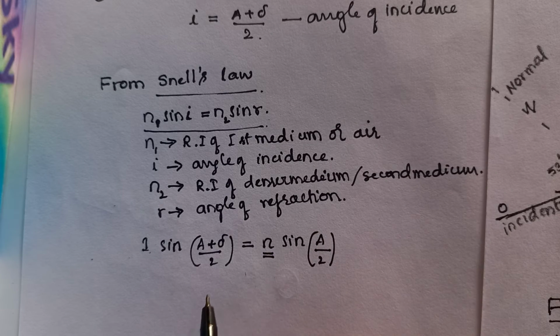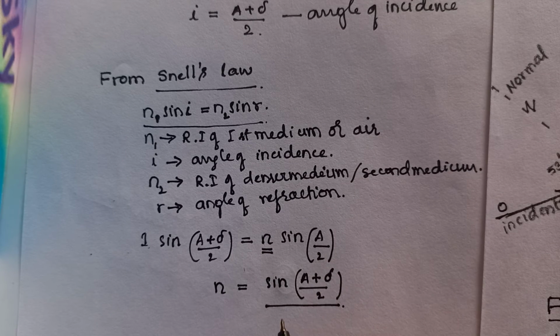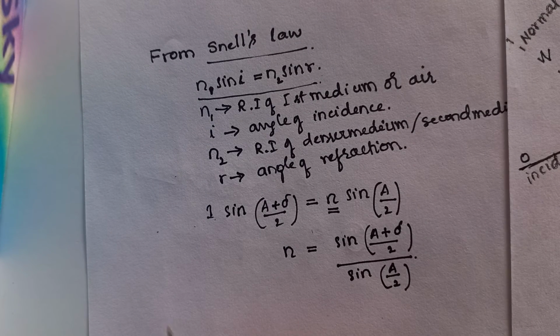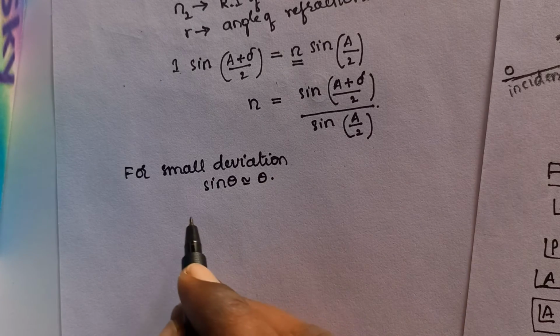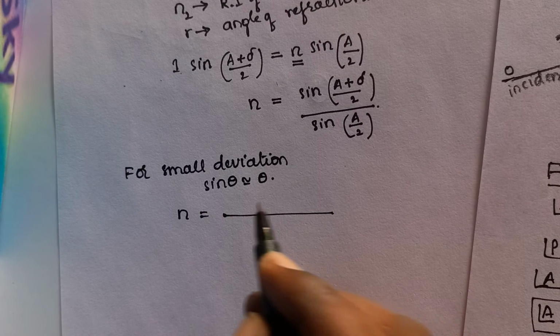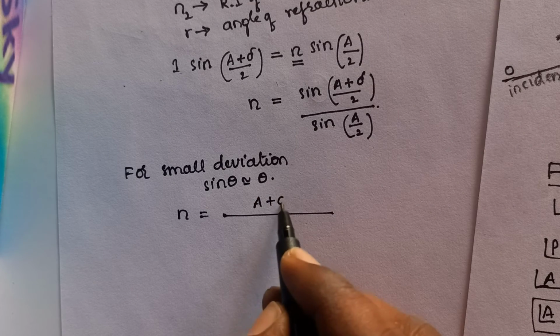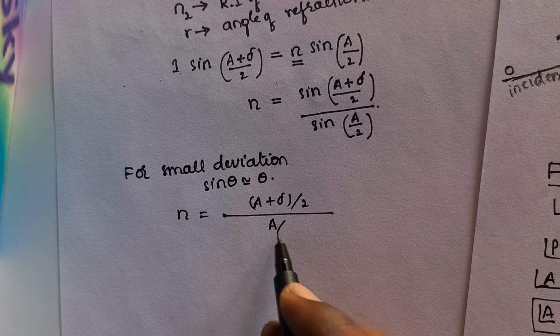Now N is equal to sin of A plus delta by 2 divided by sin A by 2. If the deviation is minimum, sin theta is approximately equal to theta, hence N is equal to A plus delta by 2 over A by 2.